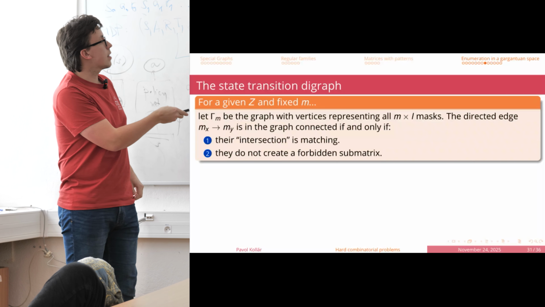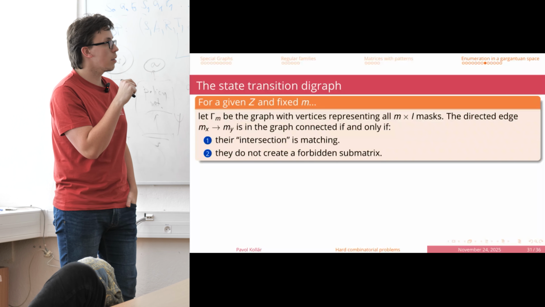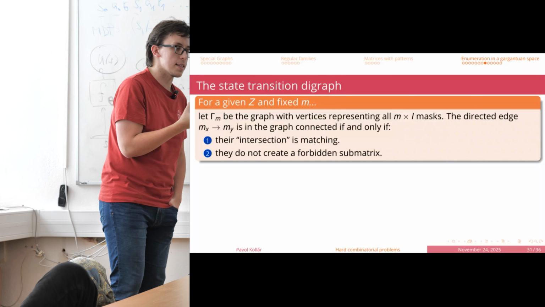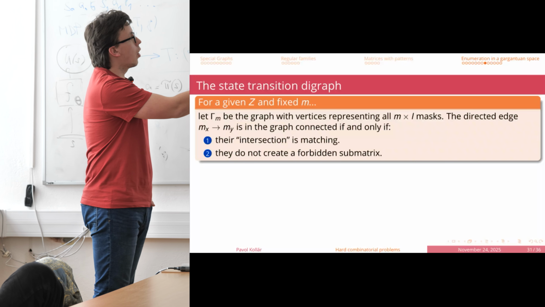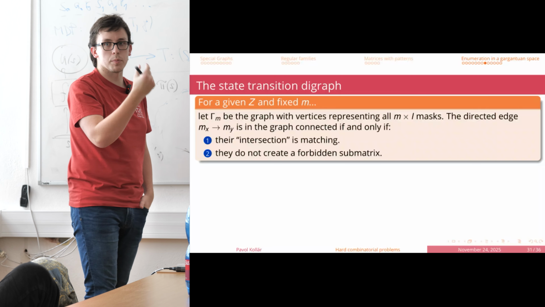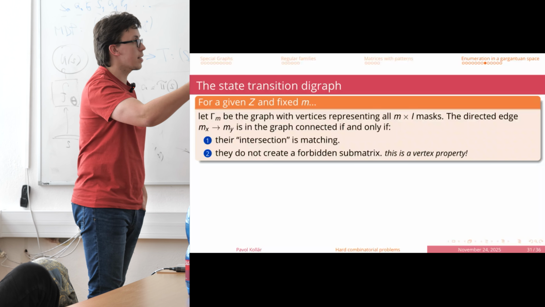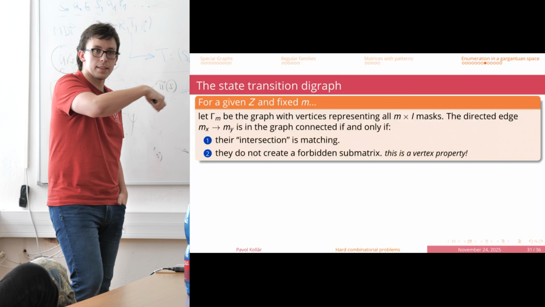But actually, this forbidden submatrix business is not really concerned with edges, but with vertices, because not all masks are viable if we forbid some of the matrices. So, in fact, we need to toss some of the vertices away and then start connecting.